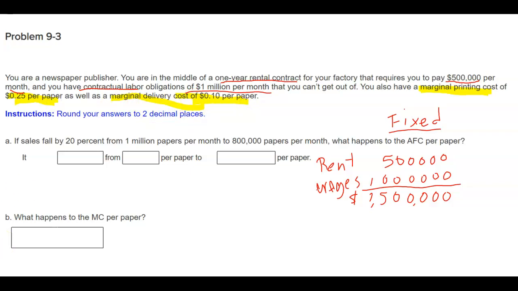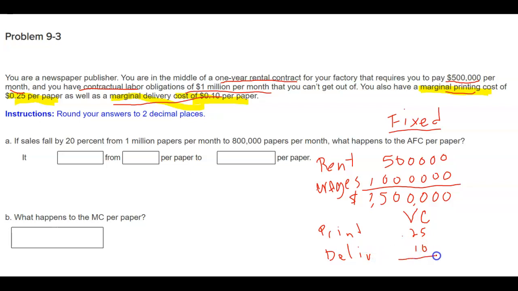Okay, so those become your variable costs. In this particular problem, your variable cost is going to be equal to your printing cost of 25 cents and your marginal delivery cost of 10 cents. So we'll put printing 25 cents per copy, and delivery is 10 cents.